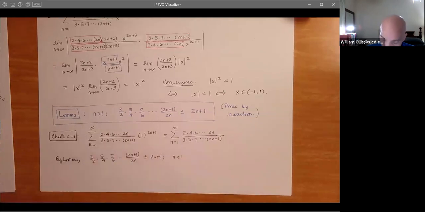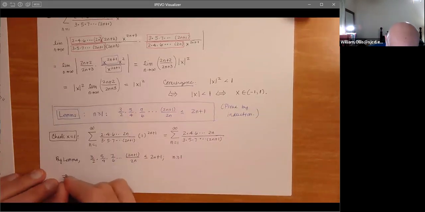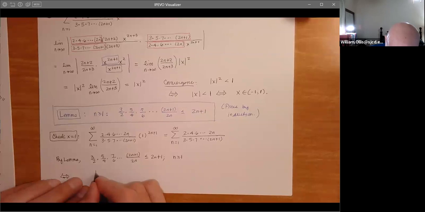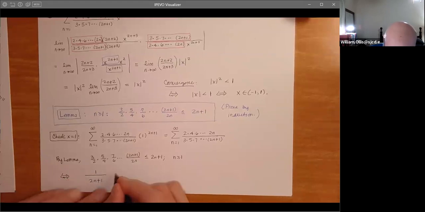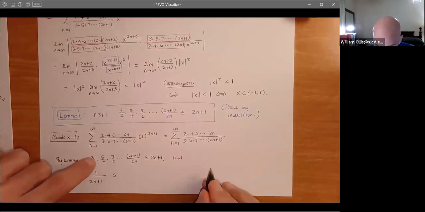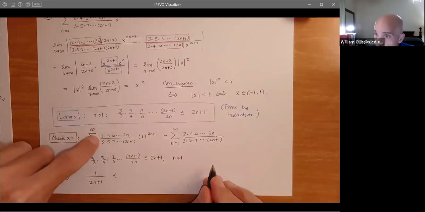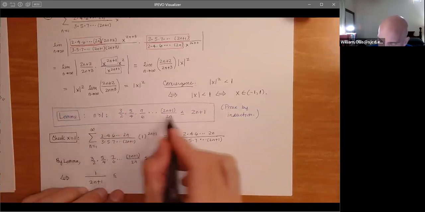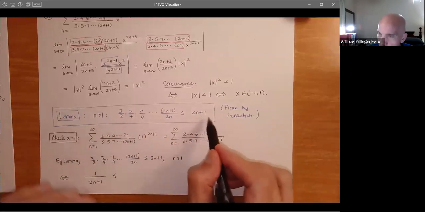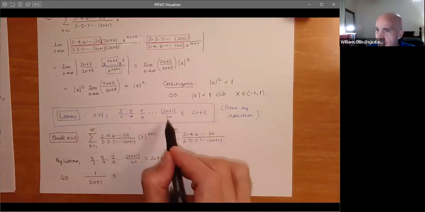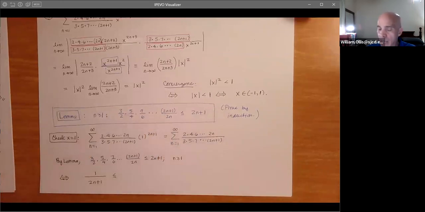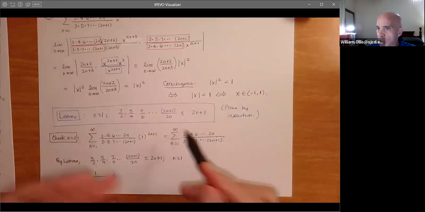Okay, now we're going to reciprocate. So now we get 1 over 2n plus 1 is less than or equal to, of course, when we reciprocate this, we get exactly the nth term of the series. So now you see why I did this. My reasoning was that this is what I need to have some kind of handle on, and then you easily prove it by induction and you're good to go.